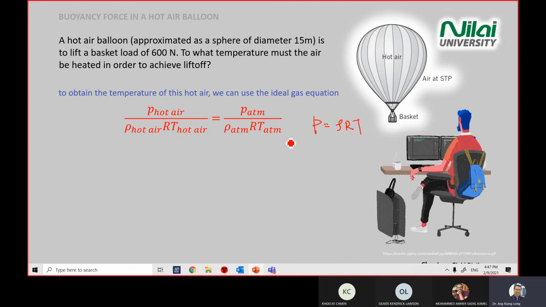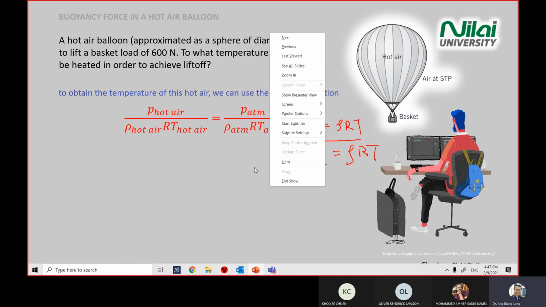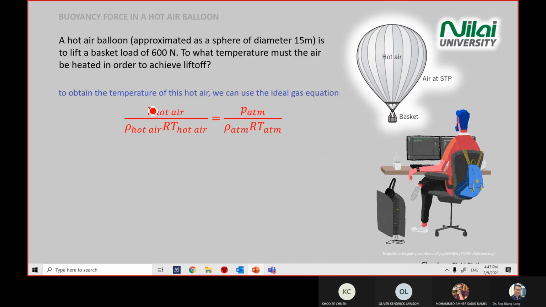So if you compare pressure 1 and pressure 2, you can get the same parameter. On the left hand side, you focus on hot air. P equal to rho RT.